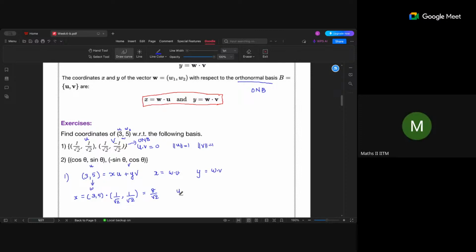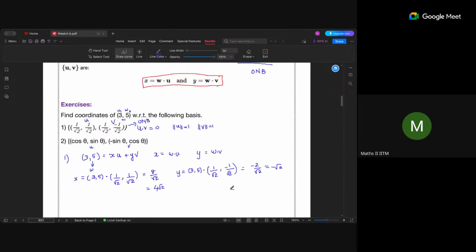Okay, what about y? 3 by root 2 minus 5 by root 2. So minus 2 by root 2, which equals minus root 2. Okay, so this is what you are having here. Here you will have 4 root 2 and here you have minus root 2. Okay, fine. So this is as simple as that.